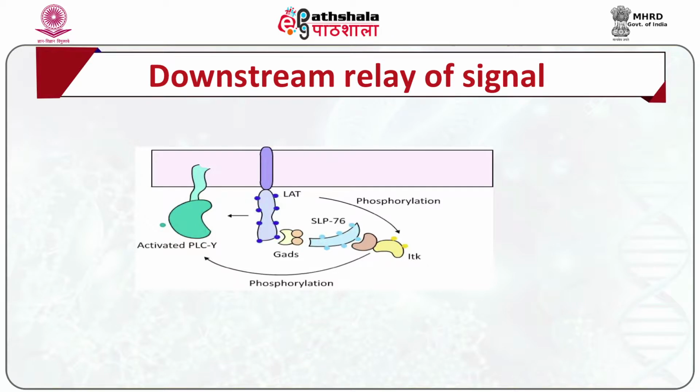On TCR engagement and ZAP70 activation, LAT gets phosphorylated on its 9 tyrosine residues. The phosphorylated tyrosines on LAT bind to various effector molecules such as the C-terminal domain of phospholipase C gamma 1, the P85 subunit of phosphoinositide 3 kinase, and adapter growth factor receptor bound protein 2, GRB2, and GRB2 related adapter downstream of SHC, GADS.